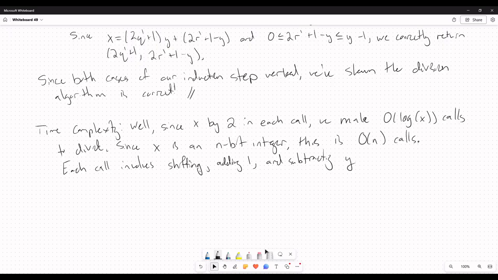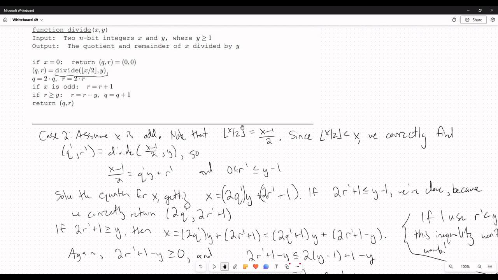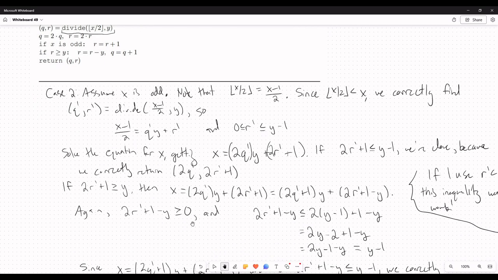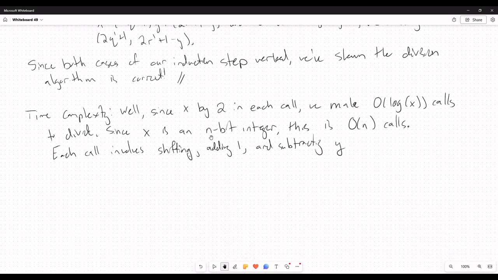Let's see if it does anything else. Okay, so doubling, great. There's our shift. There's our cutting in half, great. Here's adding 1. There's subtracting y. So we don't do anything more complicated than that.